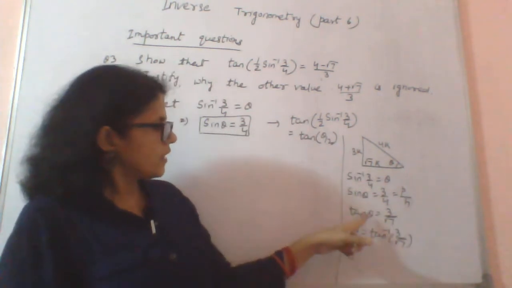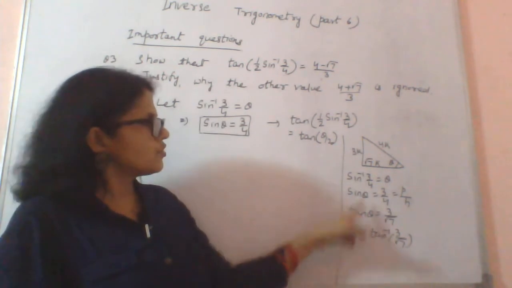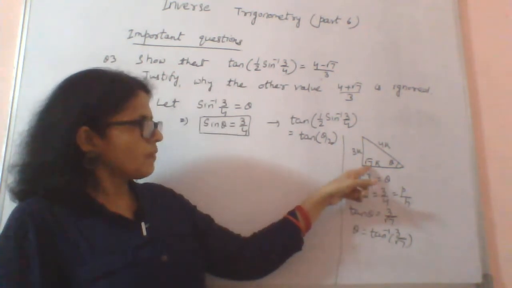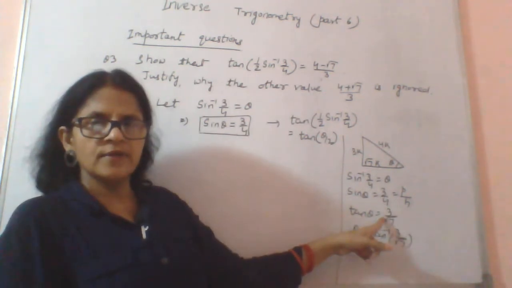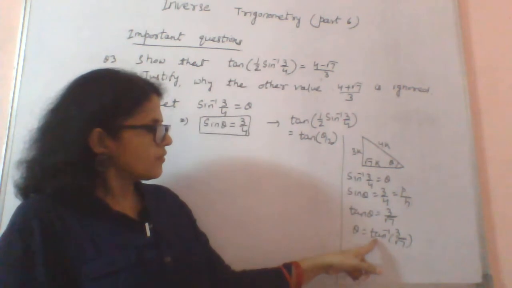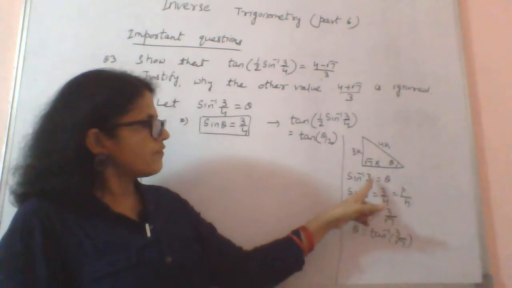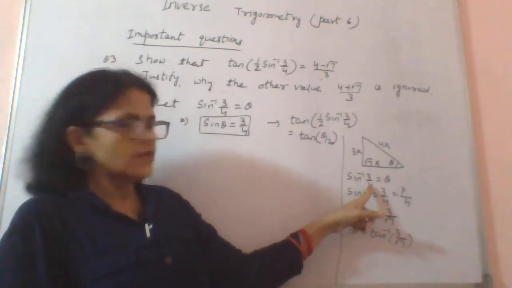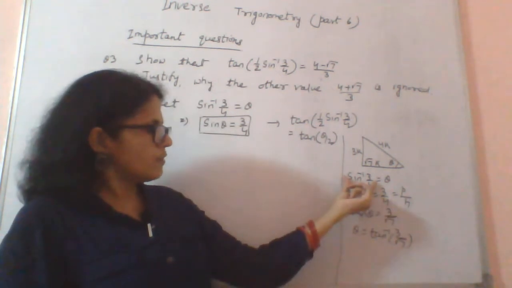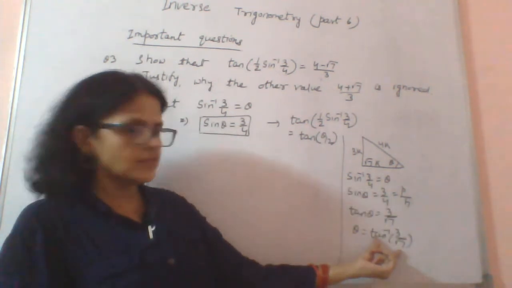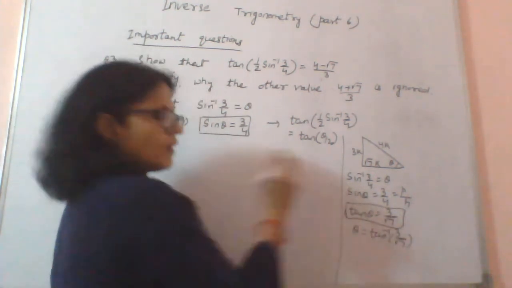Now after writing p, b, h, tan theta is p by b, 3k by root 7k, it means tan theta equal to 3 by root 7 and theta equal to tan inverse 3 by root 7. Theta we have taken as sine inverse 3 by 4, right? So sine inverse 3 by 4 equal to tan inverse of this. Or you can simply keep tan theta equal to 3 by root 7.